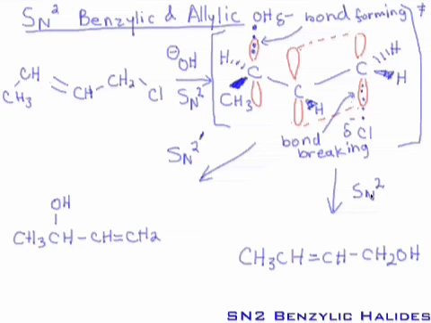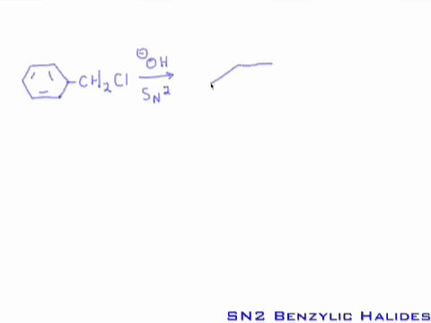What about the benzylic case? Well, if we look at the transition state for the benzylic case, we get the same thing. Here is my benzylic CH2 chloride. We're going to do an SN2 and hit this with hydroxide. I'll draw an edge-on view if I can.